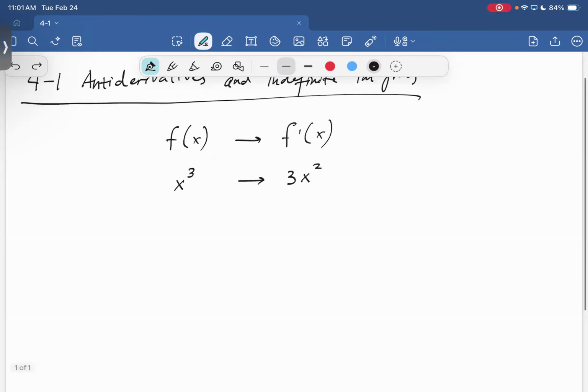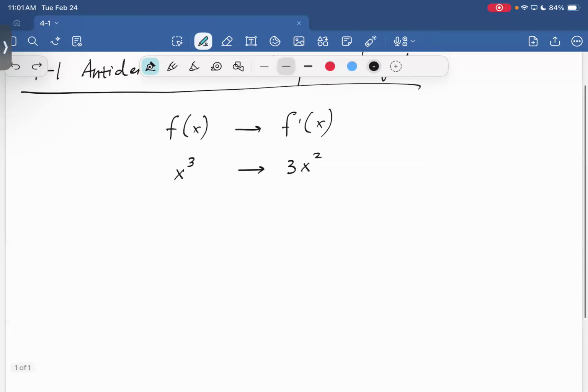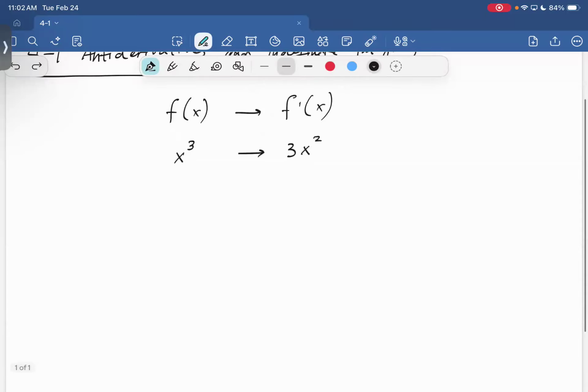Okay, so there are different ways of writing an antiderivative. The first way is people will frequently use a capital letter. So if we have the function f of x equals 3x squared, then its antiderivative people might label as capital F of x equals x cubed.